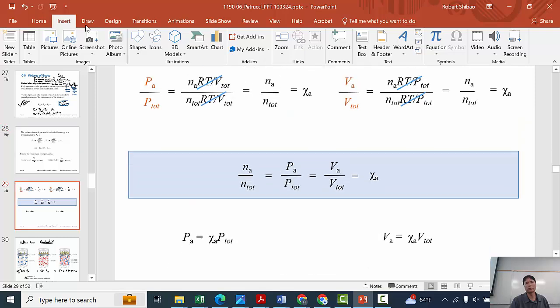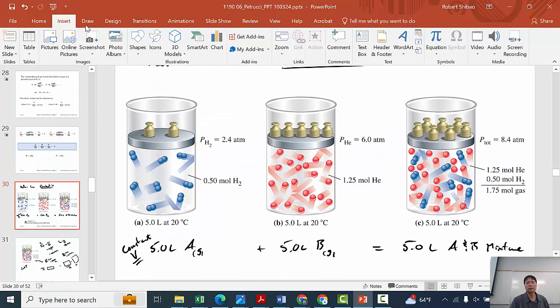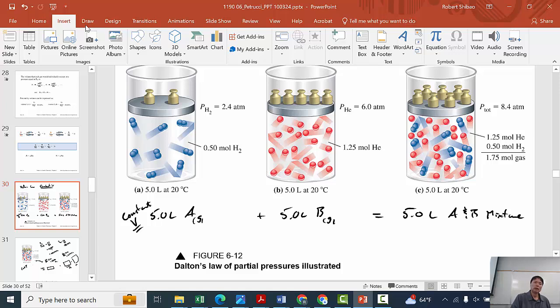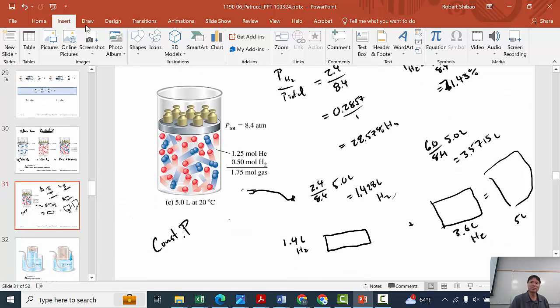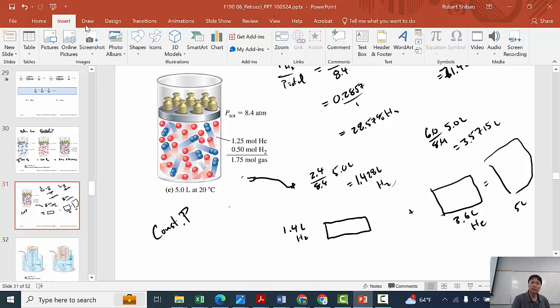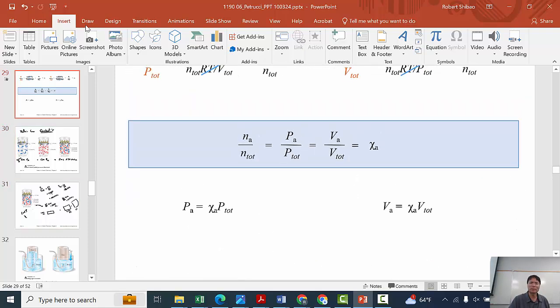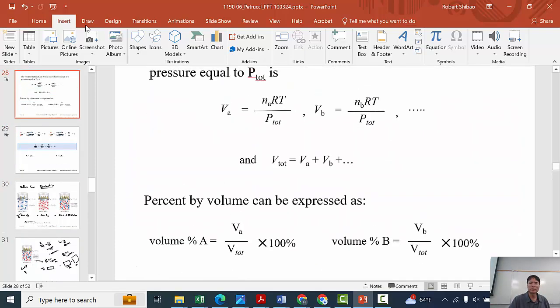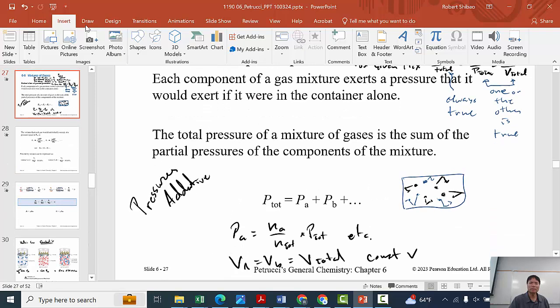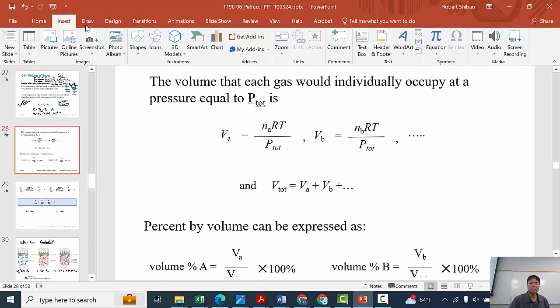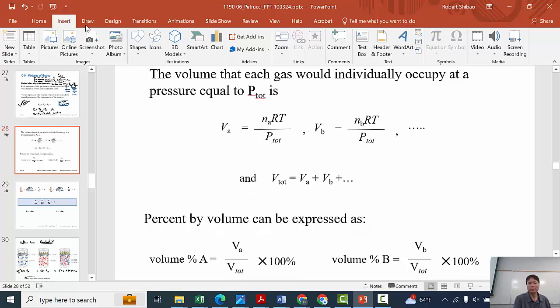Sorry, I'm going to flip back down to here. Over here in Avogadro's, the volumes are... what is this? This is not Avogadro's, sorry. This is Avogadro's here. Over here, the volumes are additive. So VA, how did they write this one here? Let me just see real quick. Oh, here.